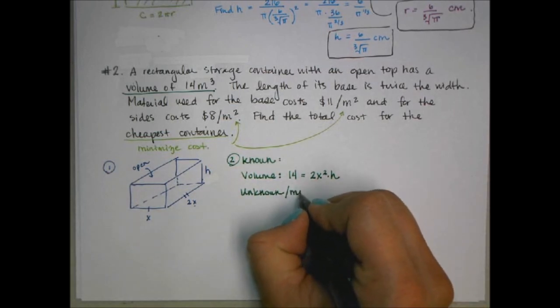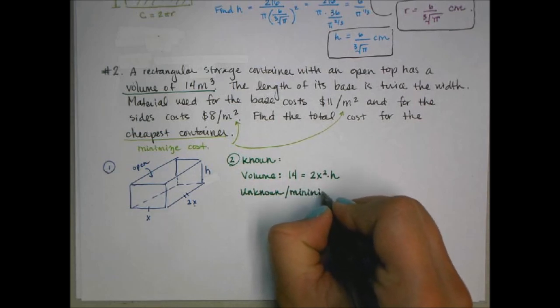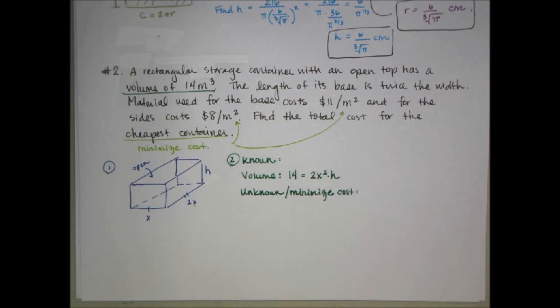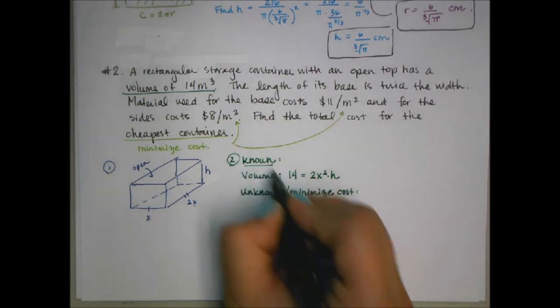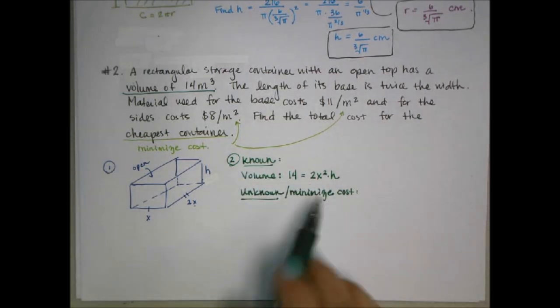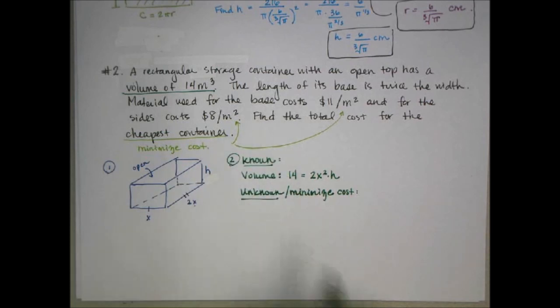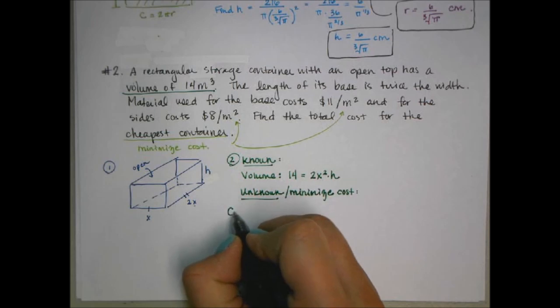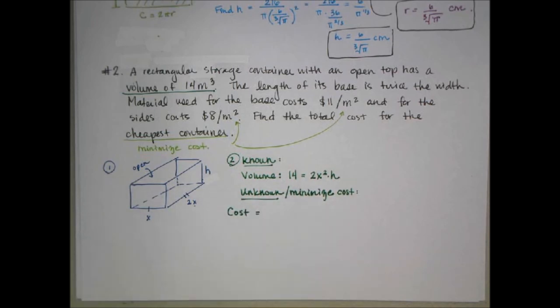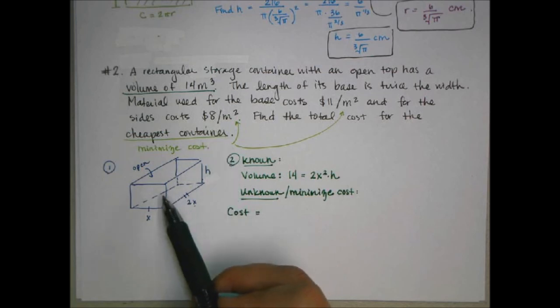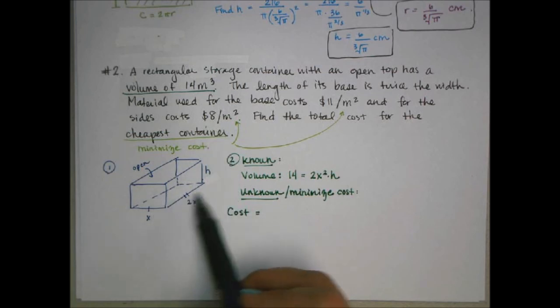Next up is the unknown, or what we're trying to find, or what we're trying to minimize. So in this case, we are trying to minimize cost. This is where it gets a little tricky, since the cost is based on these two prices per side or base. So the cost here is going to be $8 for each square meter of side material.